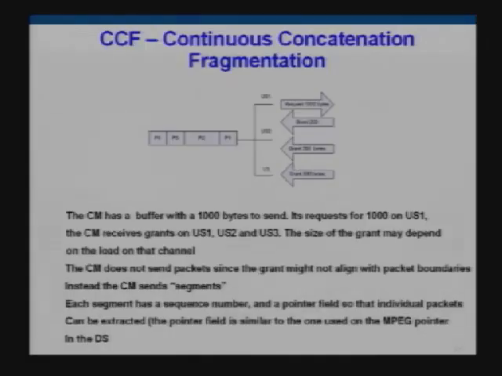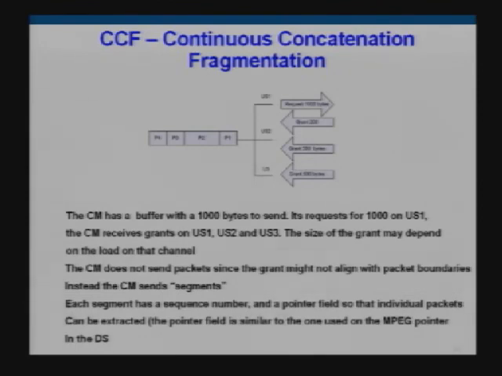Now, with DOCSIS 3 continuous concatenation and fragmentation, what happens is, as packets keep coming in from the CPE side, the customer premises side, depending upon the depth of the queue, say for example here, 1000 bytes represent 4 packets. When there are 1000 bytes worth of traffic to be sent in the upstream direction, the cable modem will request 1000 bytes worth of bandwidth grant using one of the upstream channels.